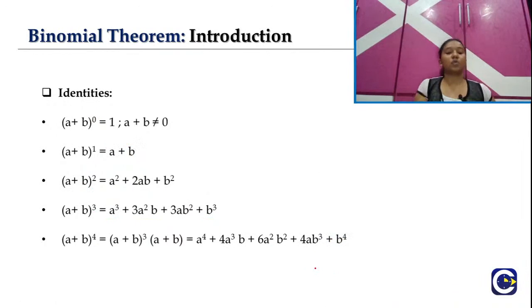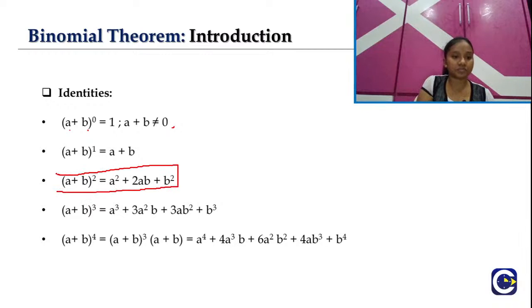So here, what is our second observation? The second observation is related to the powers of our terms. What is the first term here? A, and the second term here is B. If we take 0, there is no need to worry here. Let's check: the power of A will be decreasing and this power will be increasing. Let's take the example A plus B whole square.